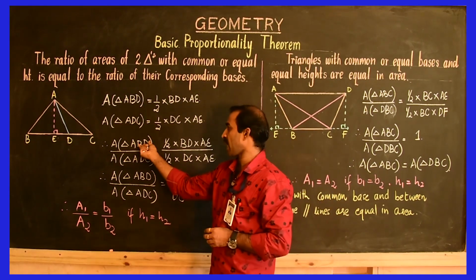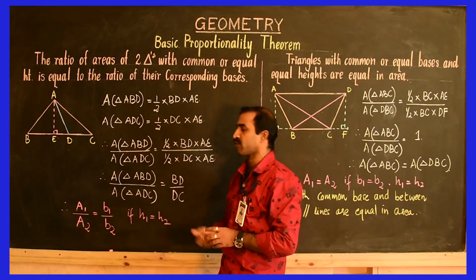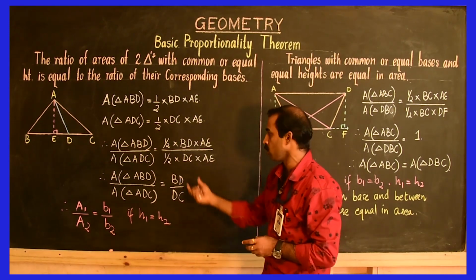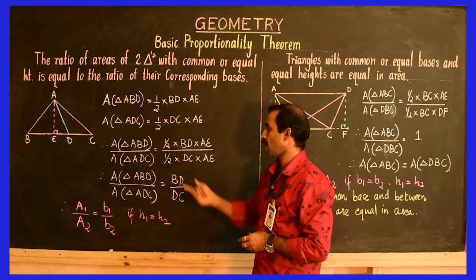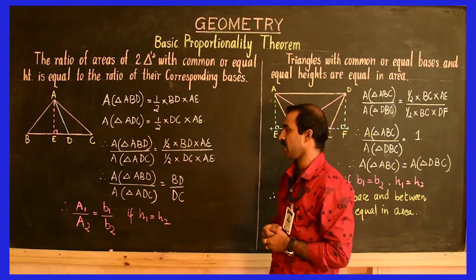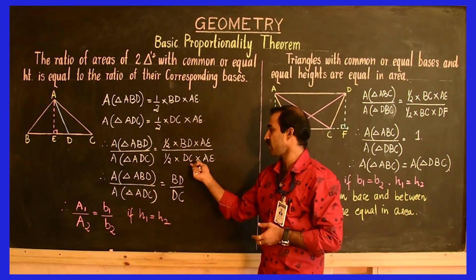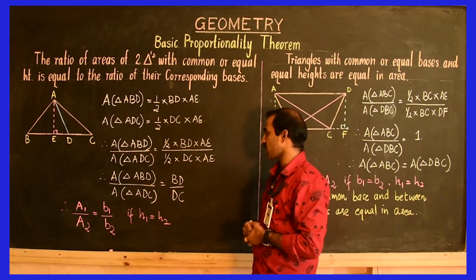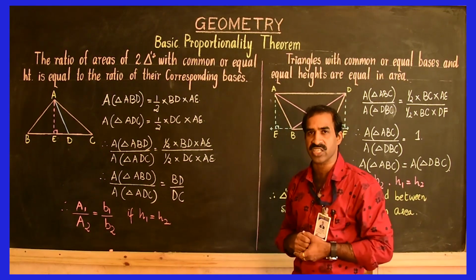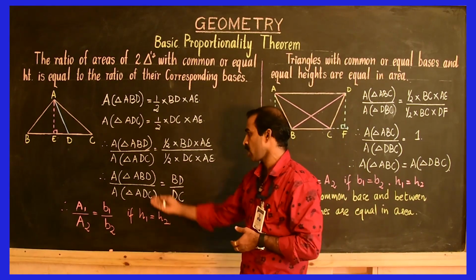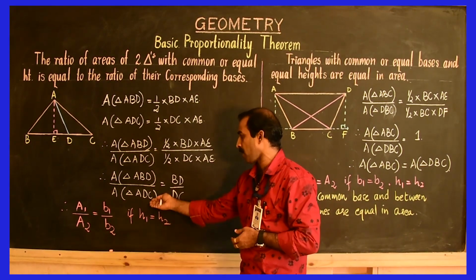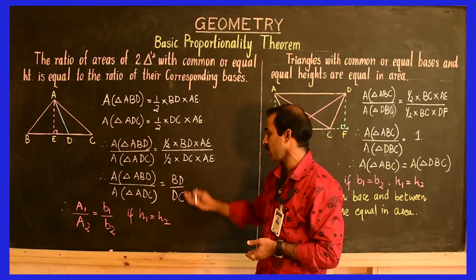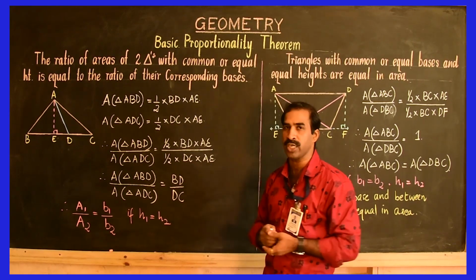So area of triangle ABD upon area of triangle ADC equals, substituting the values, half into BD into AE upon half into DC into AE. Half and half get cancelled, AE and AE get cancelled. So what remains is area of triangle ABD upon area of triangle ADC equals BD upon DC.